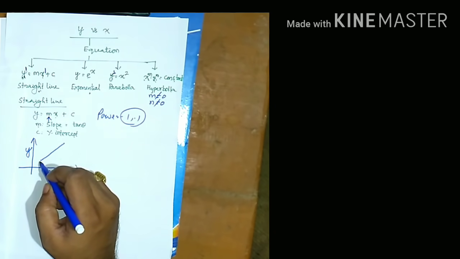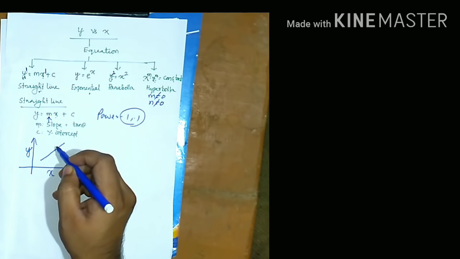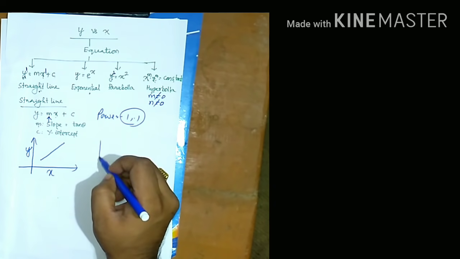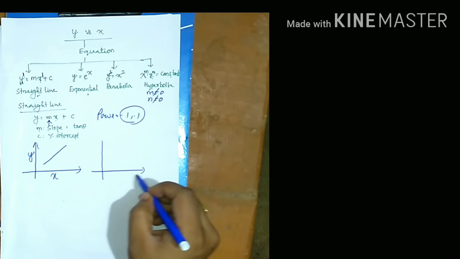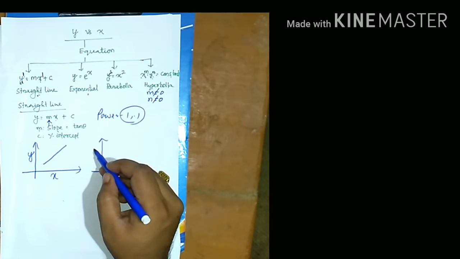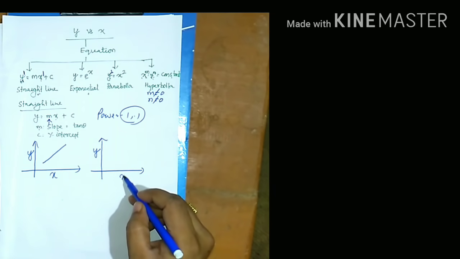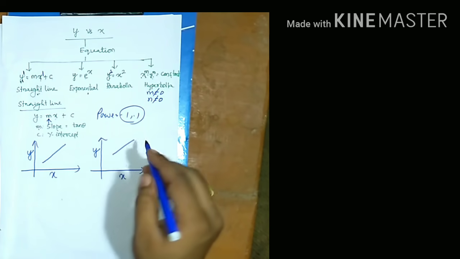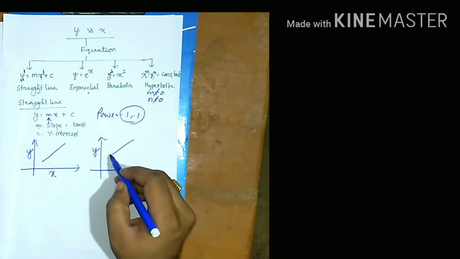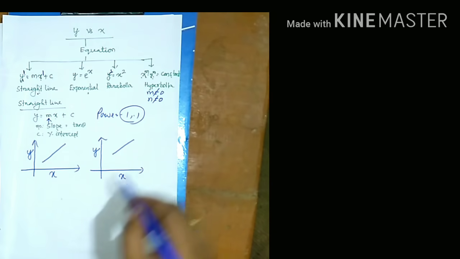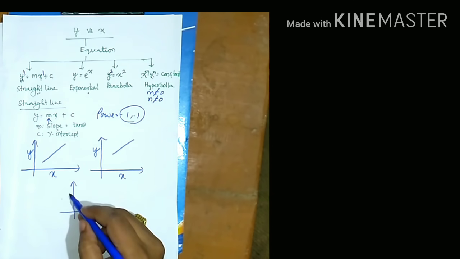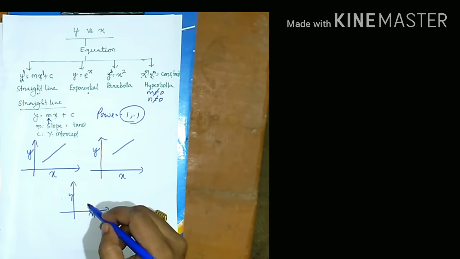Let me draw another diagram so that I can make it clear about c also, y and x, and this is a straight line, this is also a straight line, this is also a straight line, y, x.